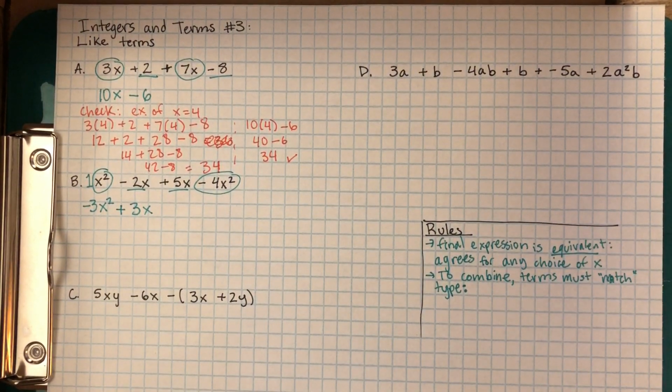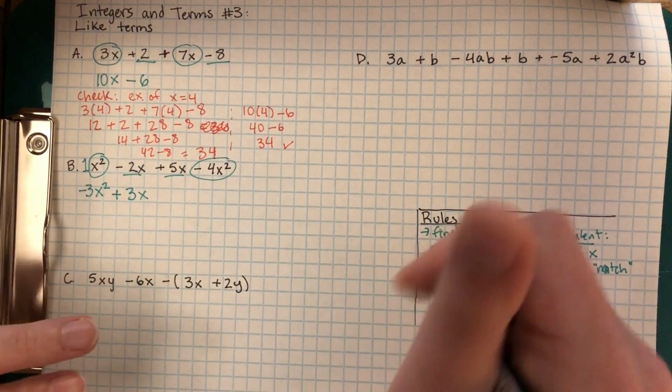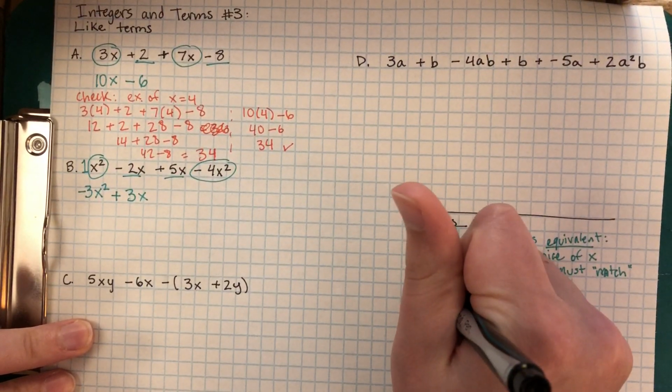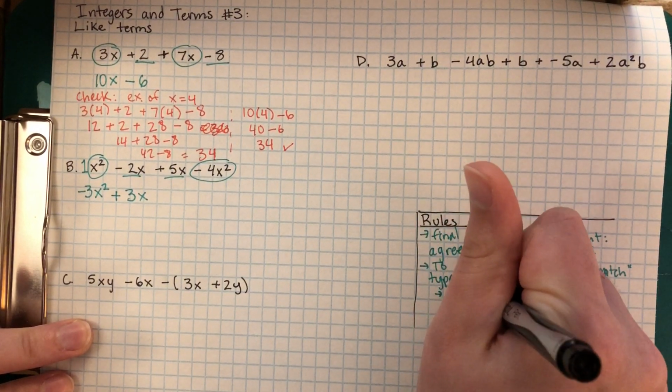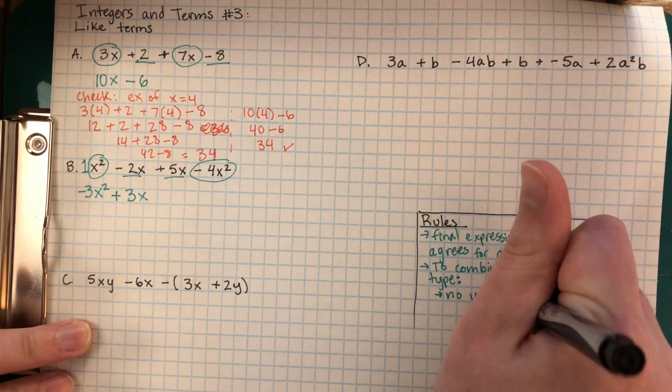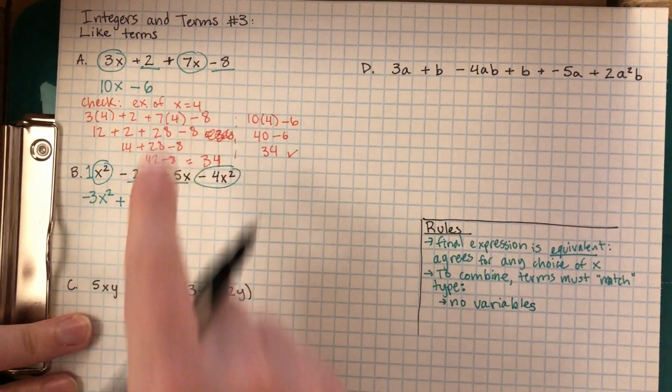So let's kind of summarize how we can recognize the like terms. One type is no variables, just these regular numbers like 2 and negative 8.